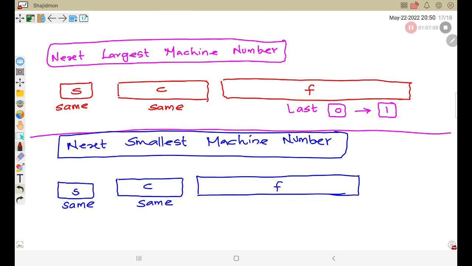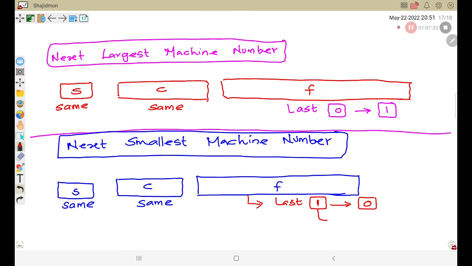So what we need to do is check the last binary 1 in the fractional part and change it into 0. I will show it in the example, but before that, we need to know how to do it. The last binary number 1, change into 0.